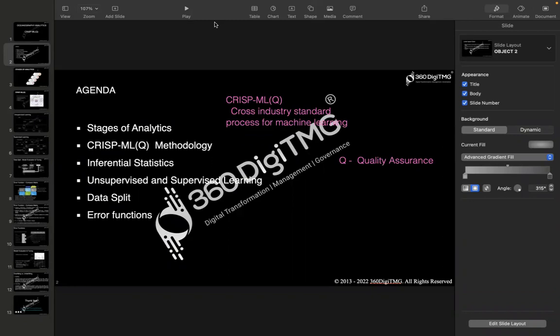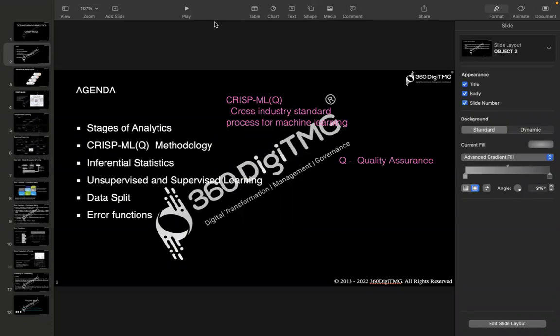As a result, many machine learning and data science projects are still not well organized. So to organize these things, Crypts MLQ is introduced. So results are not reproducible.